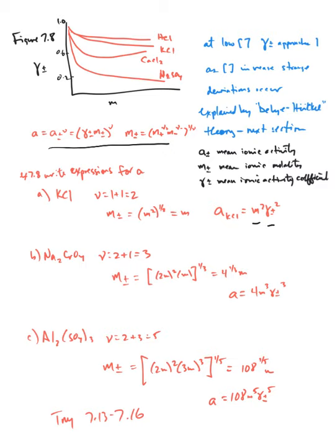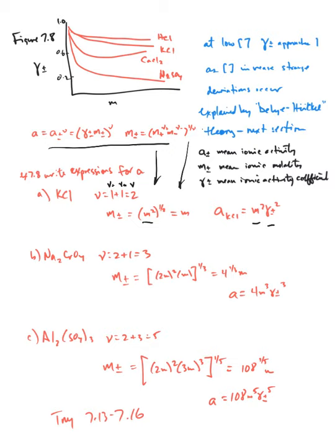Anyway, starting at the beginning, for the easy salt potassium chloride, the V plus number is 1, the V minus value is 1, and so the V value is 2. So my mean ionic molality is going to be whatever the molality of potassium is raised to the first power times the molality of the chloride raised to the first power, so that ends up being molality squared, raised to the 1/2 power because V is 2.